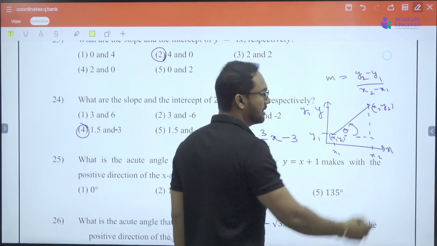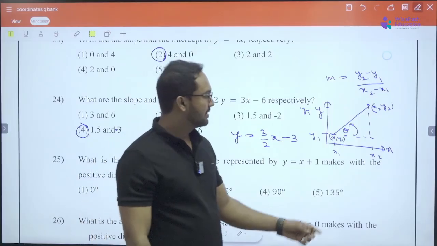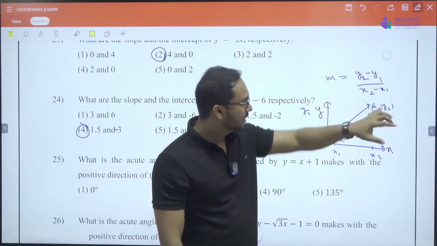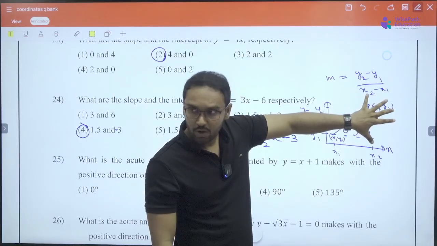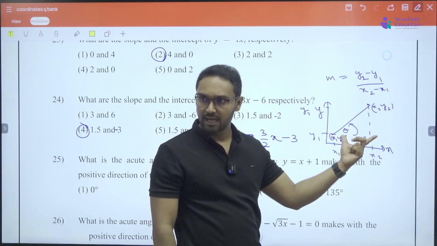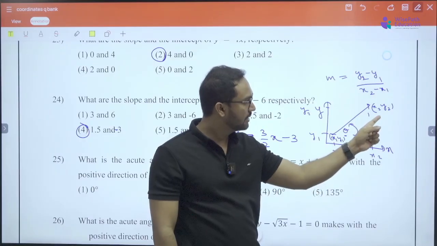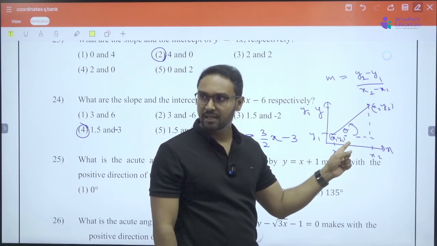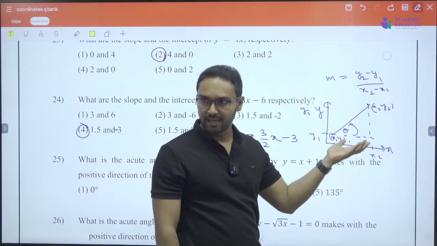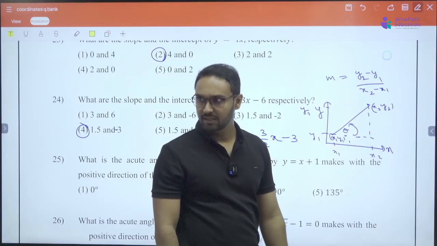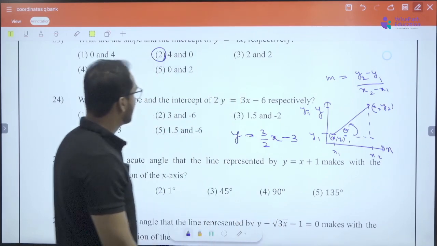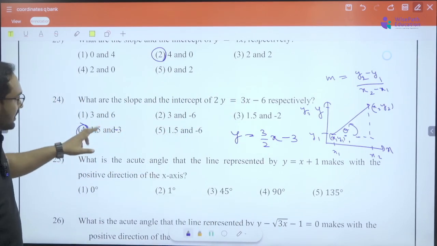So this is a triangle, isn't it? If I take the theta, this side is opposite and this side is adjacent. So the opposite over adjacent is the gradient. Simply, the gradient is tan theta of the graph. Now the gradient of this equation is how much?